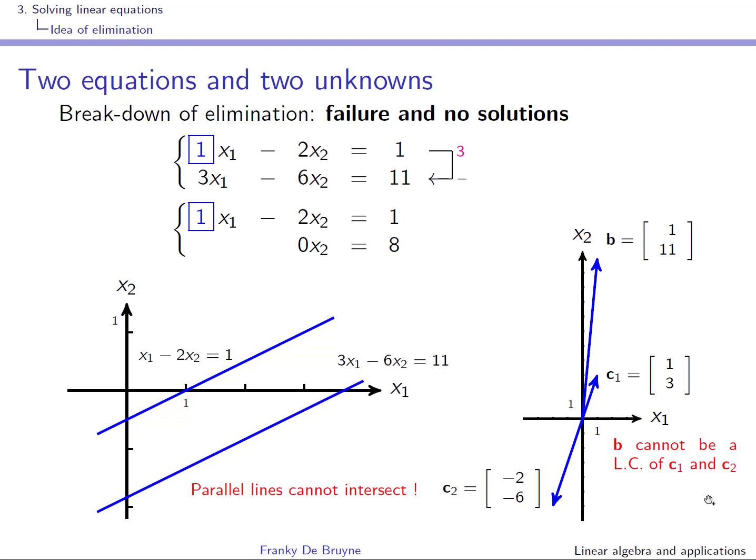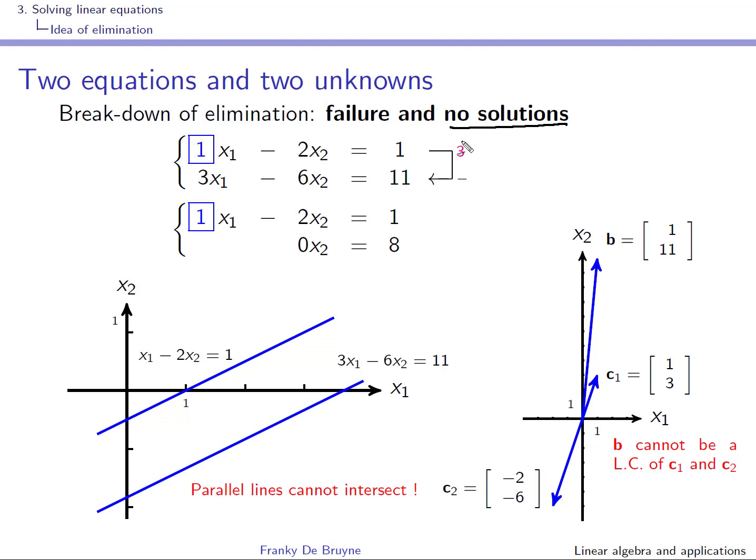Well, Gaussian elimination can break down in a certain number of cases, and here you have an example where it will break down and there will be no solutions. So we start from a very simple example, 2 equations, 2 variables, and we use our Gaussian elimination. We start at the top left with the pivot.